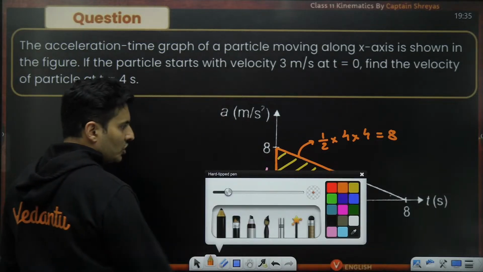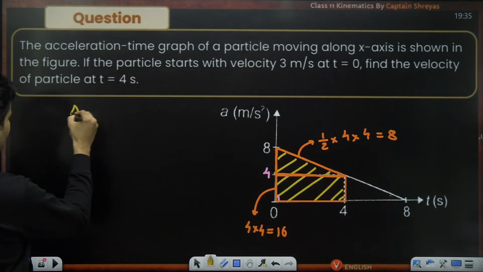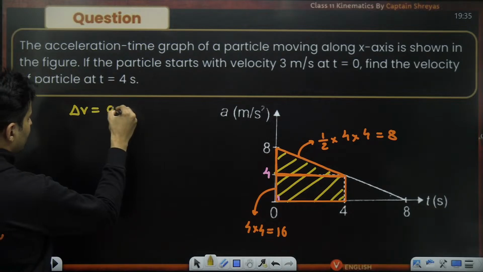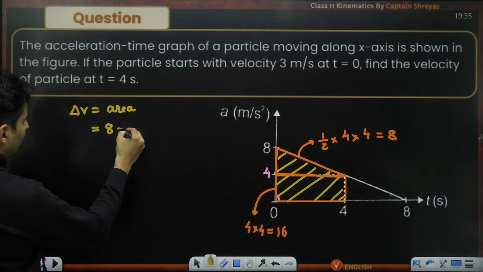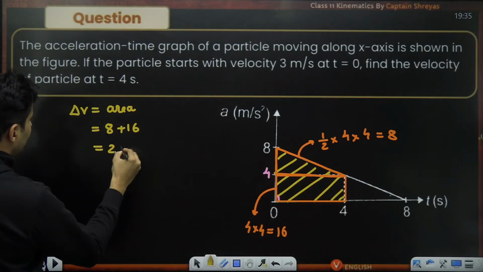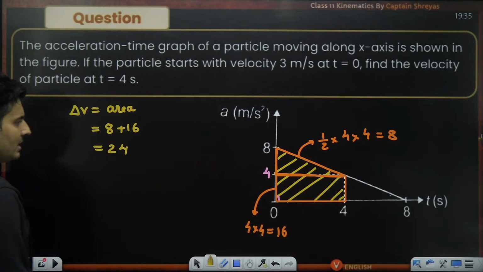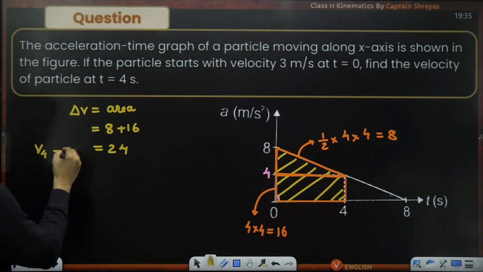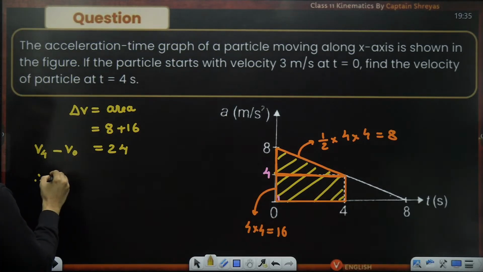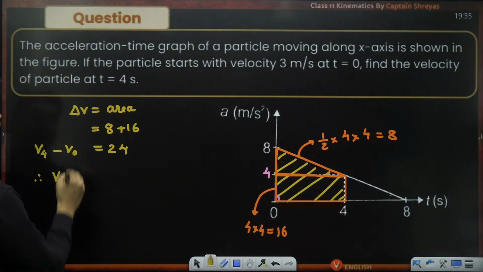So the change in velocity, which is the total area, will be 8 plus 16, which is 24. Change in velocity is final minus initial, velocity at 4 minus velocity at 0. Velocity at 4 seconds, I don't know.